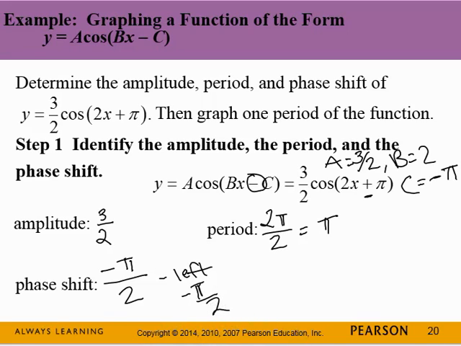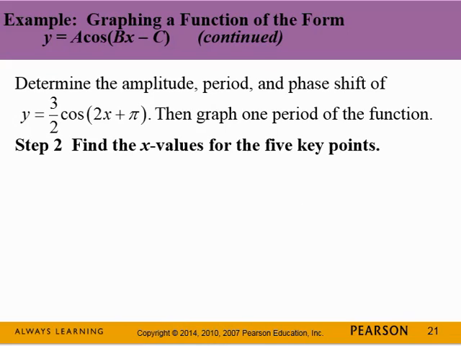So let's get started finding our pieces. Step 2 is to find the x values for all your 5 key points. In order to do this, we have to do our period over 4. So it's going to be pi over 4. x1 is just going to be negative pi over 2, because that's our phase shift.